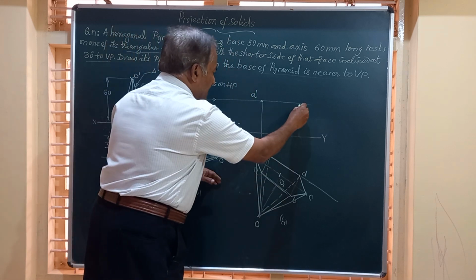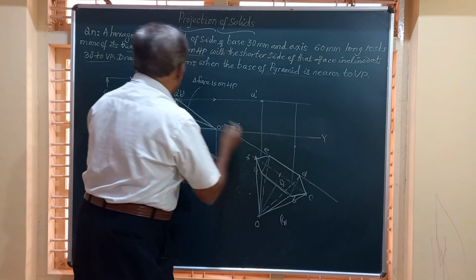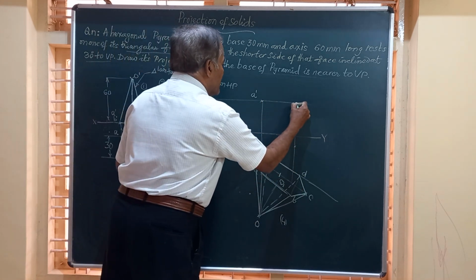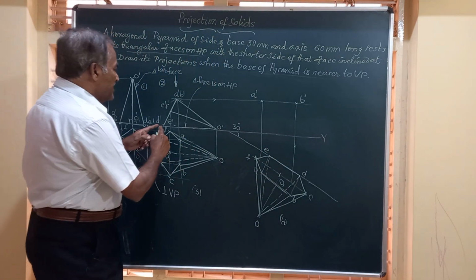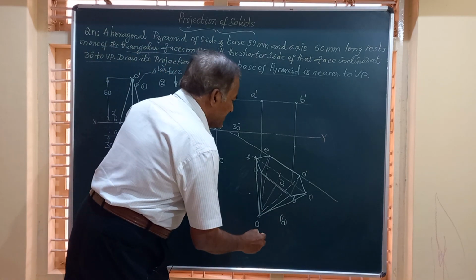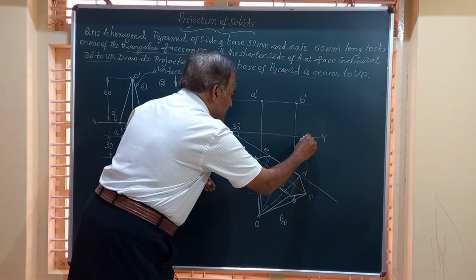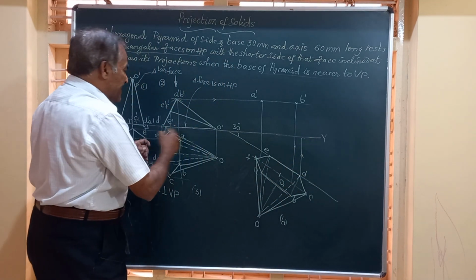B, vertical line from B, horizontal line from B dash, they meet here. So we'll call this point as B dash. And friends, here on XY you have got D and E. Where are D and E? This is D, vertical from D, horizontal from D dash.